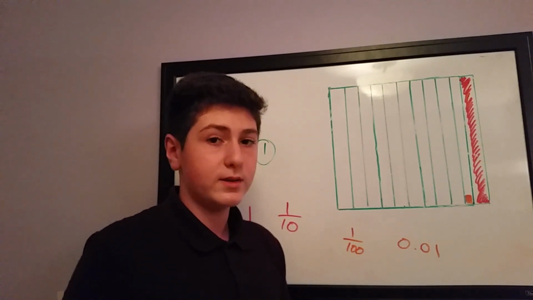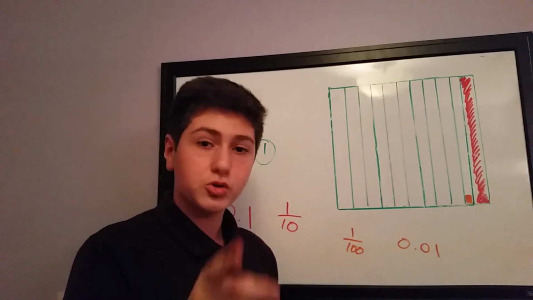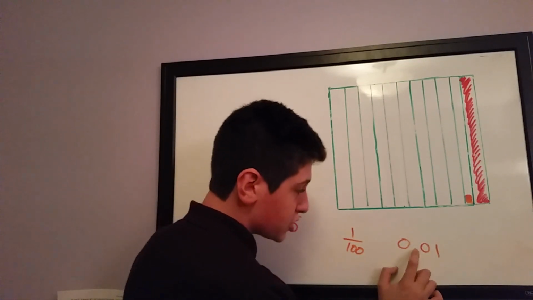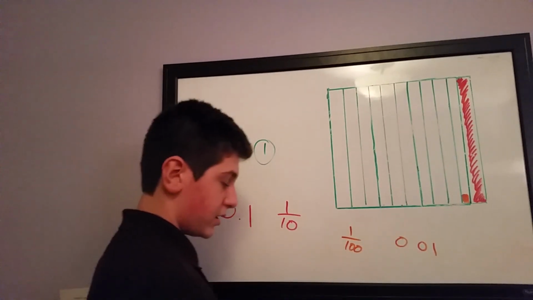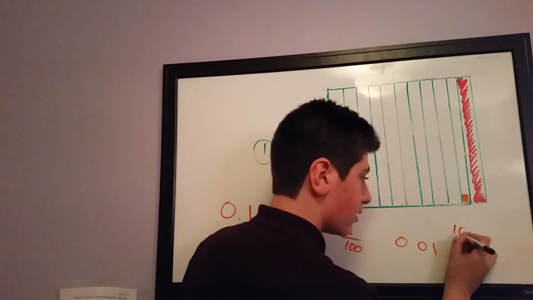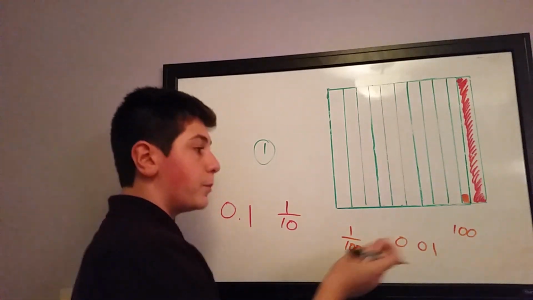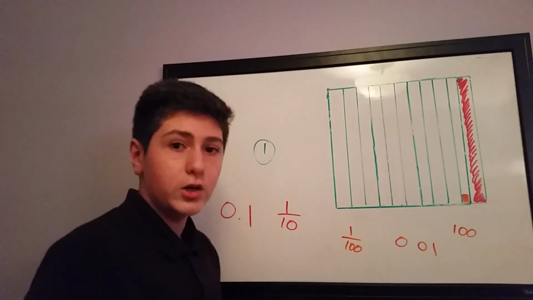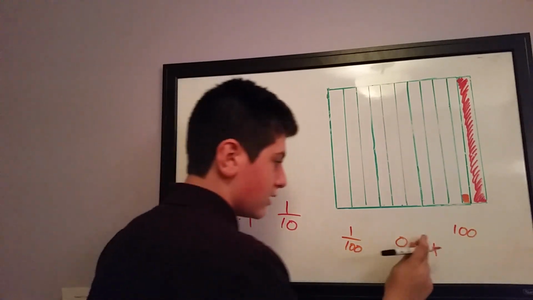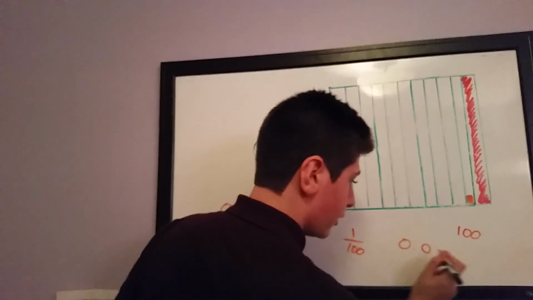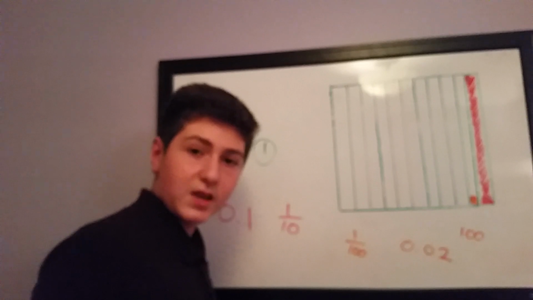Now, this decimal over here, 0.01. How do I know it's a hundredth? This cool trick will help. Just remove this decimal point over here and switch these numbers around to make 100. By the number itself, I already know that it's a hundredth. If it's 0.02, it's the same thing.